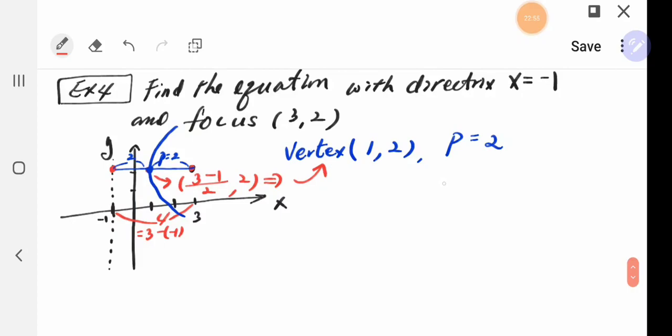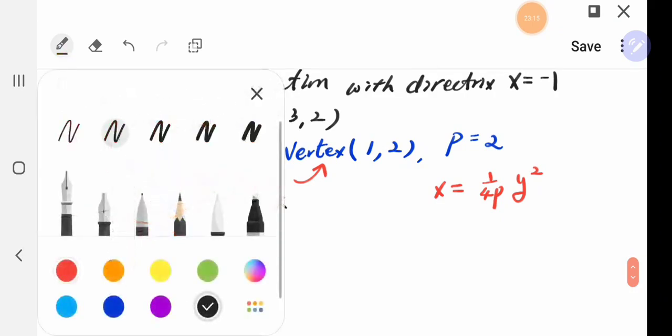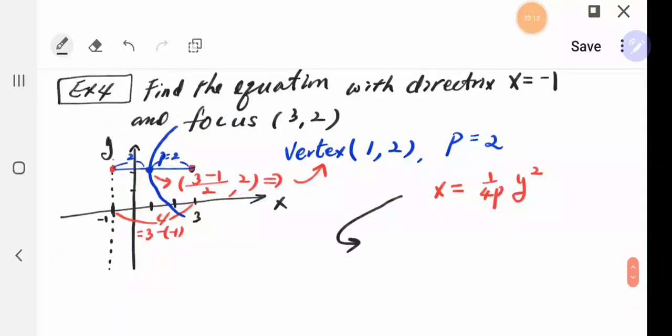So the equation should be x is equal to 1 over 4p y squared. And p is the positive number 2. So just rewrite this, replacing x, y, and p.